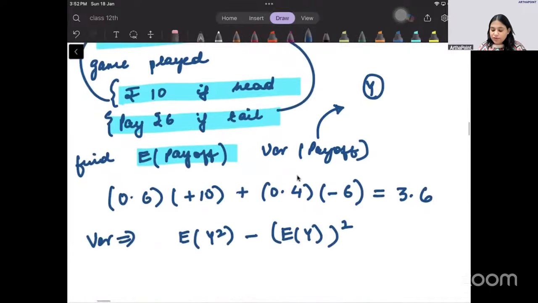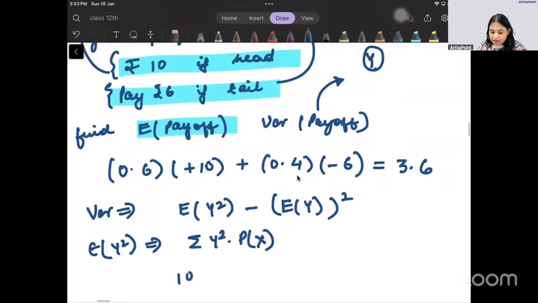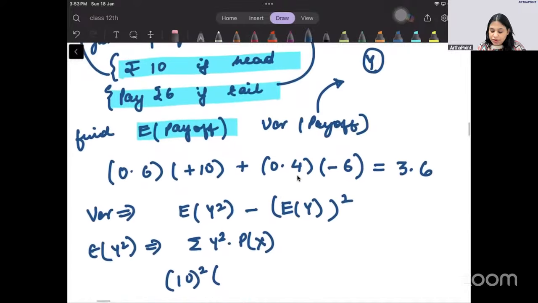So if I have to find the variance of y, the variance of the payoff, I can simply go ahead and say E of y square. E of y square will be summation y square into px, माने 10 square into probability. Probability क्या है? What's the probability? 0.6 plus minus 6 square into 0.4.